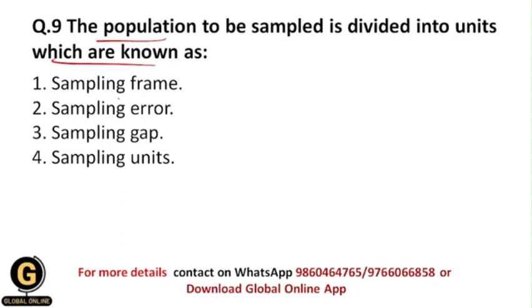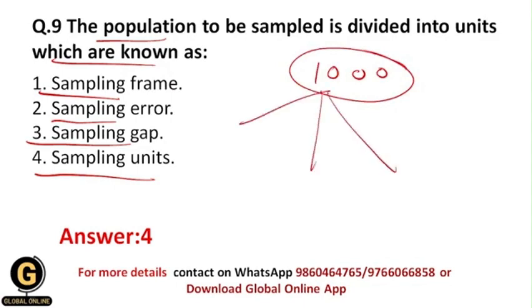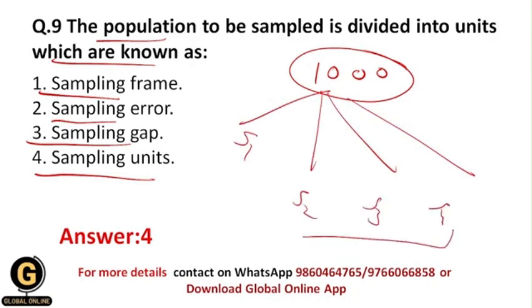So whether it is called sampling frame, sampling error, sampling gap or sampling units, obviously it is called the sampling units, because these are the units, right? So for example, I have 1000 people of population, and this population needs to be sampled, and that's why it is divided into different units. Okay, S1, S2, S3, S4. So these are the 4 units.